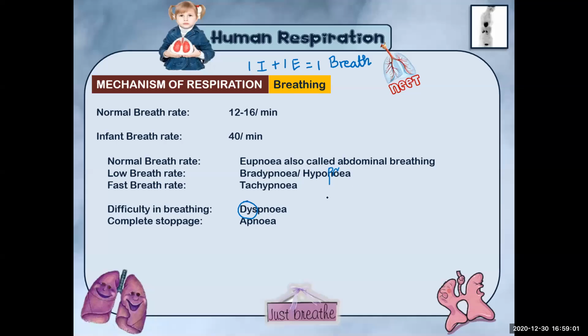Now, when I observe the breathing externally, there are two types of breathing that I can see externally. One is called thoracic breathing. तो जब मैं किसी को सोते हुए देखता हूं और उसको ब्रीथ करते हुए देखता हूं, तो देयर आर टू टाइप्स ऑफ ब्रीदिंग दैट आई कैन सी, thoracic breathing and abdominal breathing.